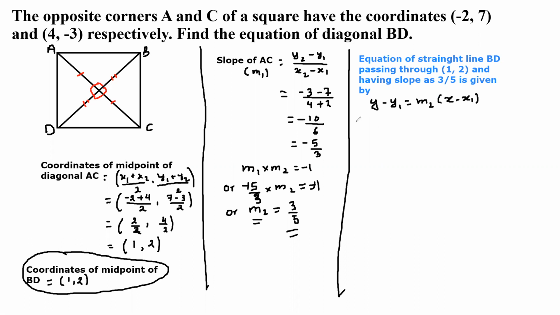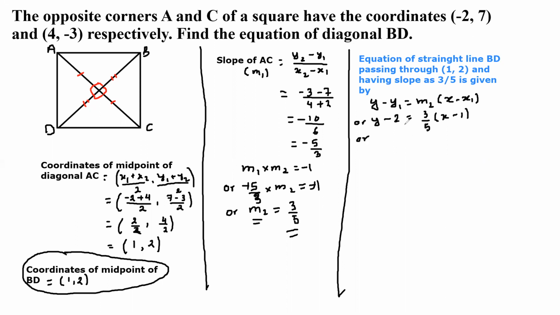Look at here, the point is 1 comma 2, so we can just use x1 and y1. x1 is 1 and y1 is 2 here, so we can write y minus 2 is equal to our slope 3 by 5 times (x minus 1).